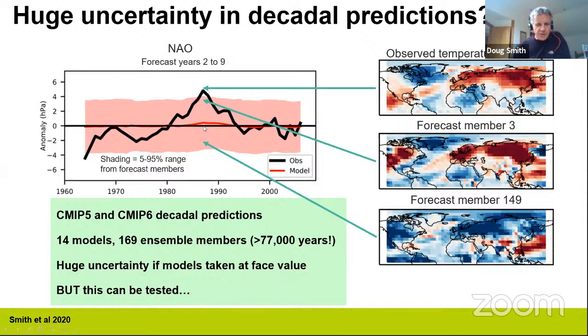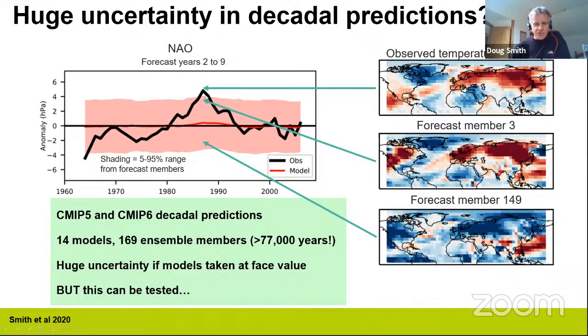These hindcasts are from a large ensemble, CMIP5 and CMIP6 together: 14 models, 169 ensemble members. The pink shading shows the 5 to 95% uncertainty range from these hindcast simulations, and the thick red line shows the ensemble mean. The ensemble mean shows virtually no signal, and the hindcast simulations essentially just about span the range of the observations, suggesting that there's no real predictability in these hindcasts.